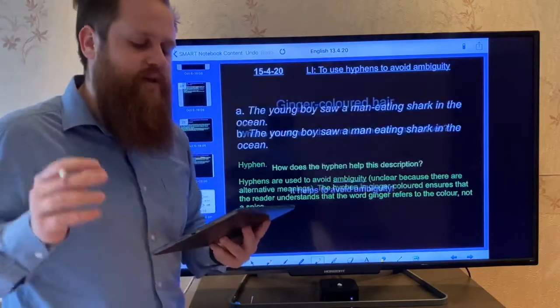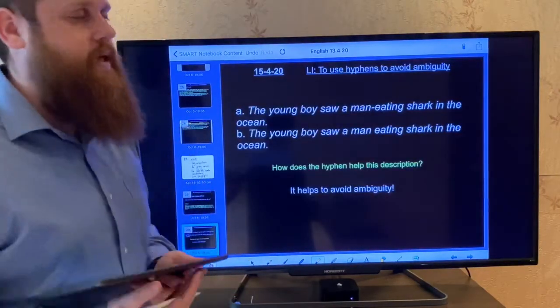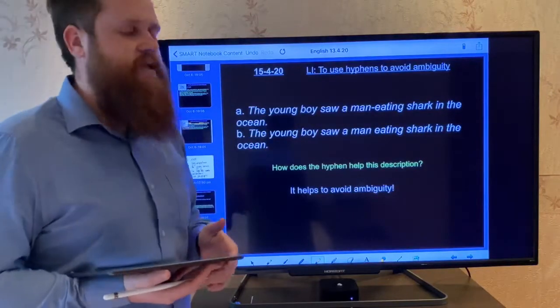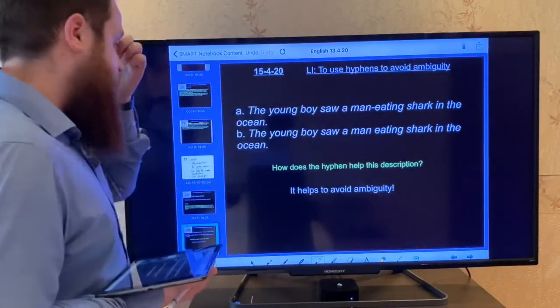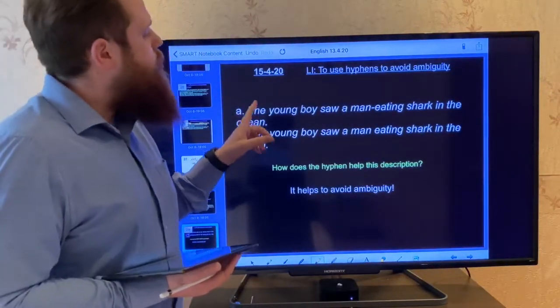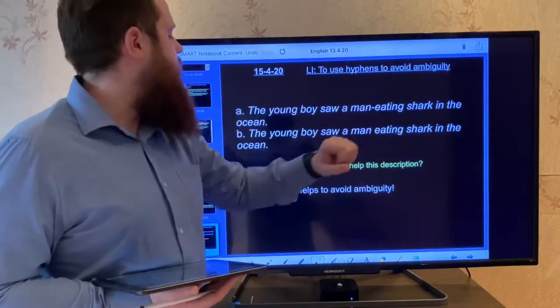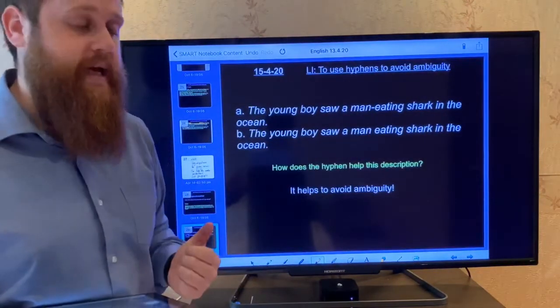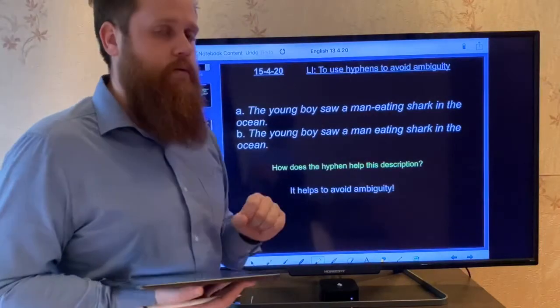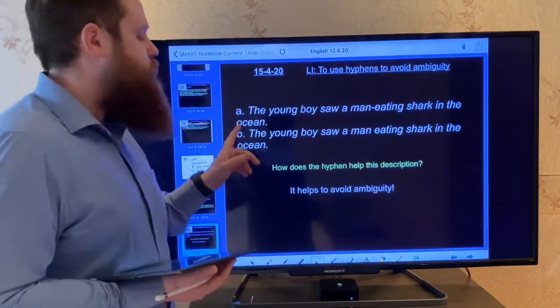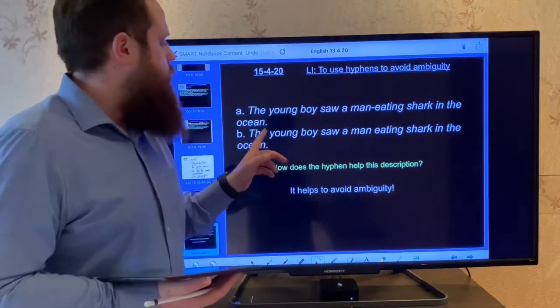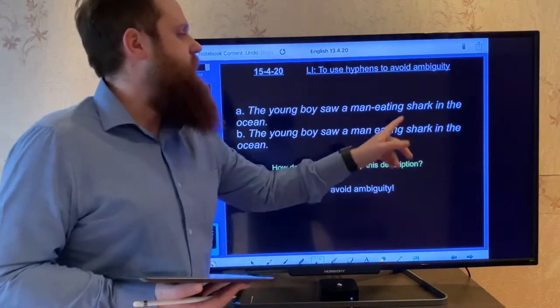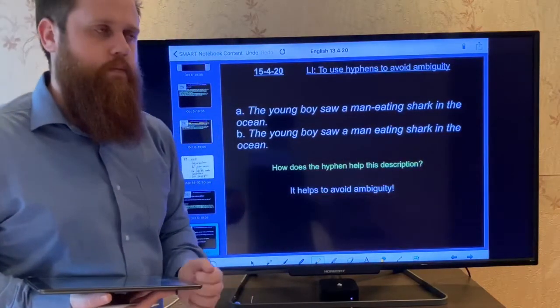Now, to show that in a really, really good example, and we've talked about this in class before, here are two sentences, one that uses a hyphen and one that does not. The young boy saw a man-eating shark in the ocean. Uses a hyphen. Man and eating here, hyphen used. This one does not, and let's see the difference. The young boy saw a man eating shark in the ocean.